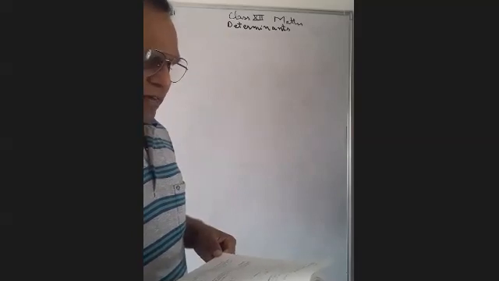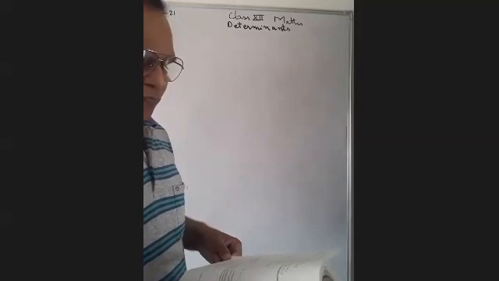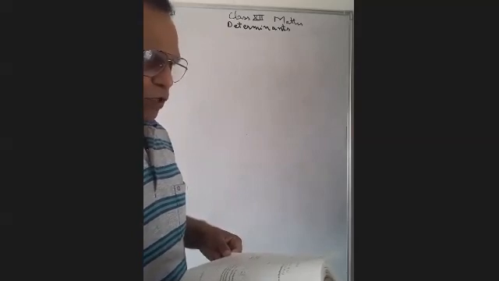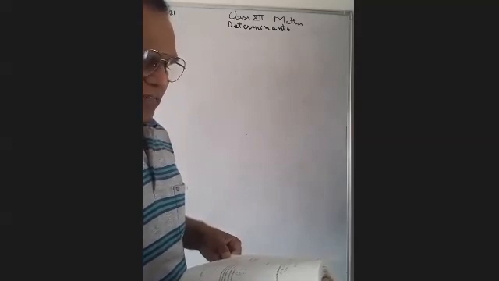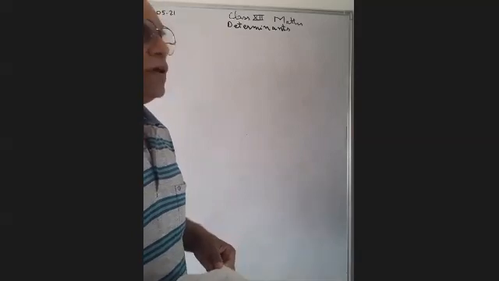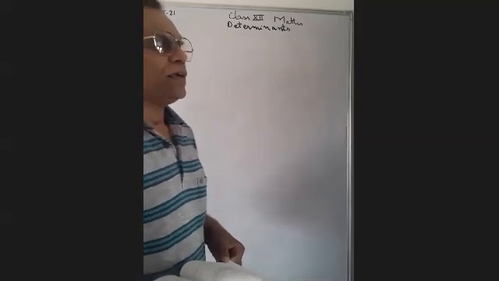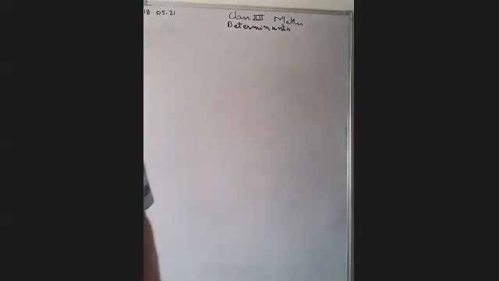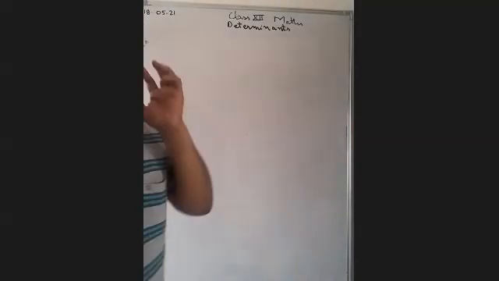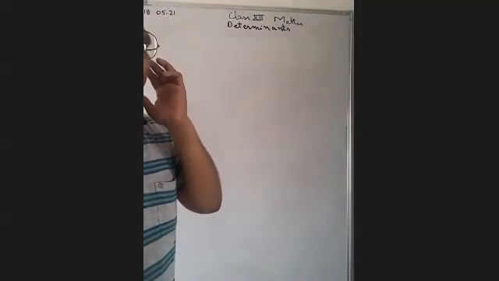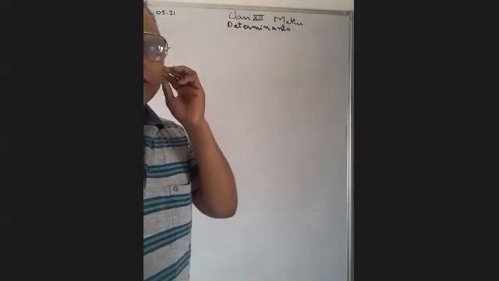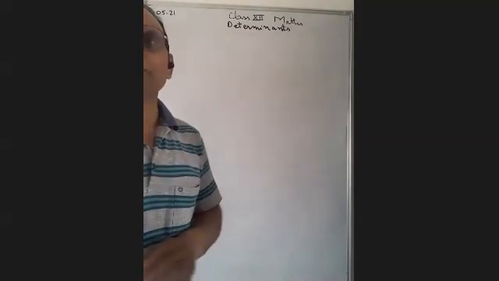The sixth property: if each element of any row or column of a determinant is added to equimultiples of the corresponding elements of another row, then the value of the determinant remains the same. If in any row we multiply by some constant k and add it to another row, the value of the determinant remains the same.